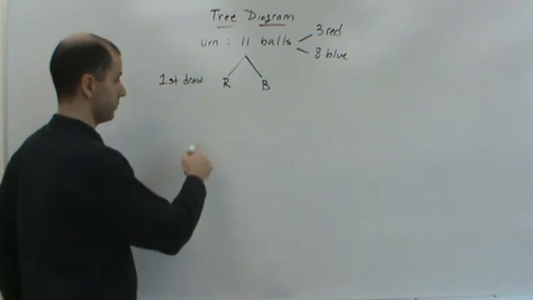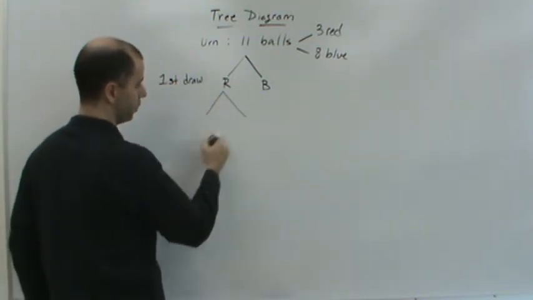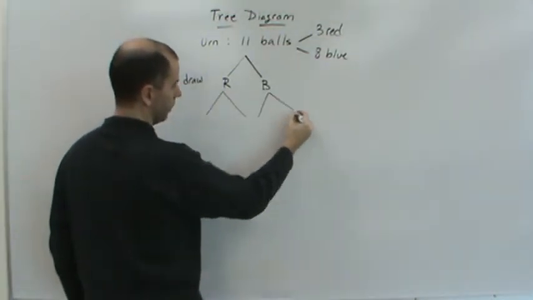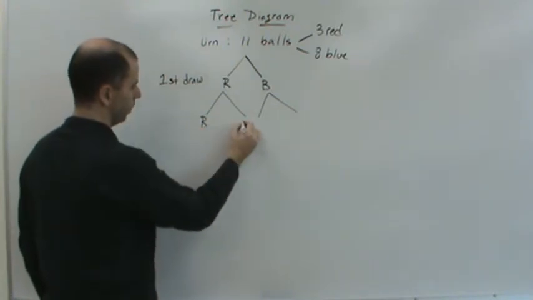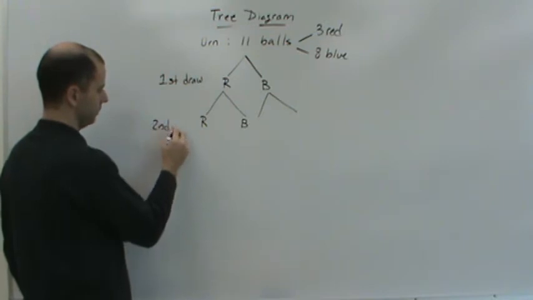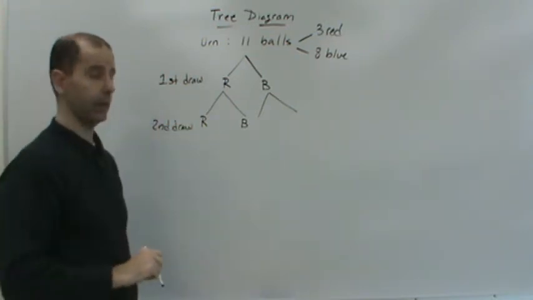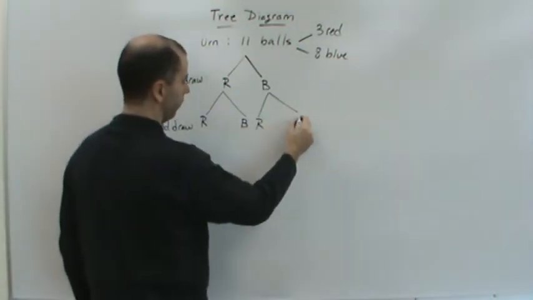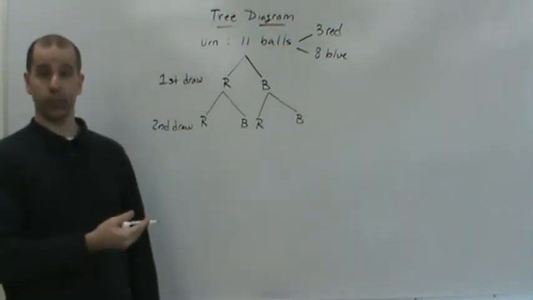So for the second draw, I'm going to branch out 2 possible outcomes for this one, and 2 possible outcomes for this one. I could get a red or a blue in this case. So this is the second draw. I could get a red or a blue here, or a red or a blue here. So this is the tree diagram for this experiment.